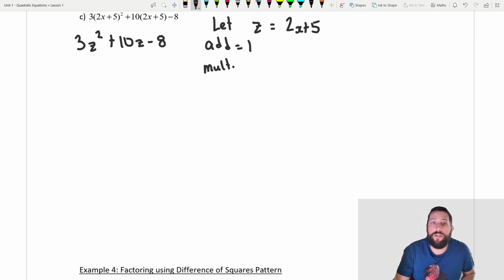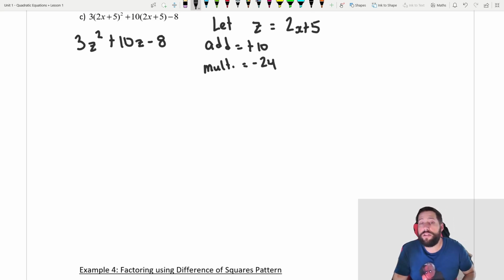Okay, so we're going to rewrite this now with the adding and multiplying. It's got to add to give you positive 10, but it's got to multiply to be negative 8, or sorry, negative 24. So the factors are going to be, again, 12 and negative 2. So let's substitute those in.